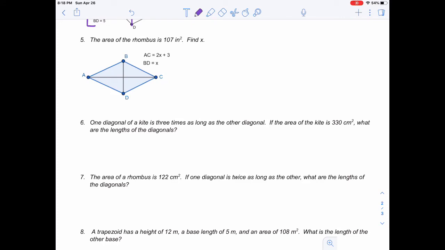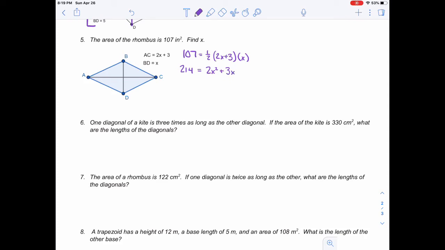So we're going to start off, since we know our area is given to us, we know that that 107 is going to be equal to 1/2 times our two diagonals, so 2x plus 3 and x. So I'm going to go ahead and simplify this a little bit further, get rid of my 1/2, distribute my x into there. So I should get 214 is equal to 2x squared plus 3x.